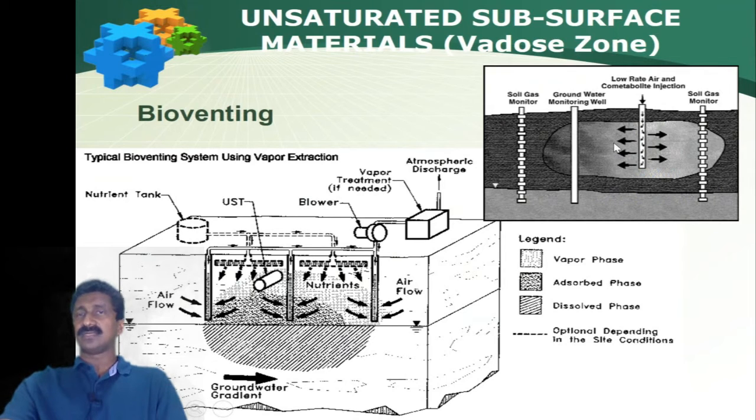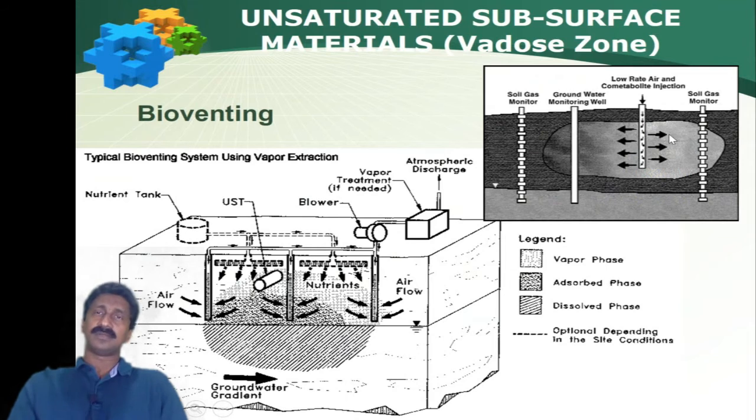And this is actually a stimulation process by supplementing air and nutrients, that is co-metabolites. So which will enhance the activity of the microbes and which will degrade the compound in a better fashion. And it will be continuously monitored using different monitoring systems. So this is an example of an unsaturated subsurface material treatment using bioventing.